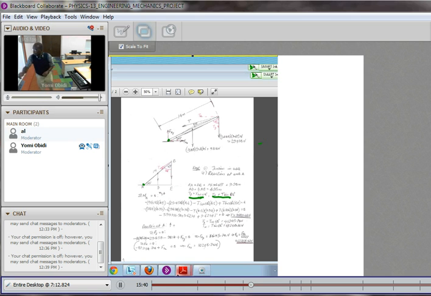So we'll take the moment about point A. We've defined a direction: counterclockwise positive, clockwise negative. So the summation of moment about A is 0 for equilibrium. You take the moment of all the forces acting, and take the total moment about A.